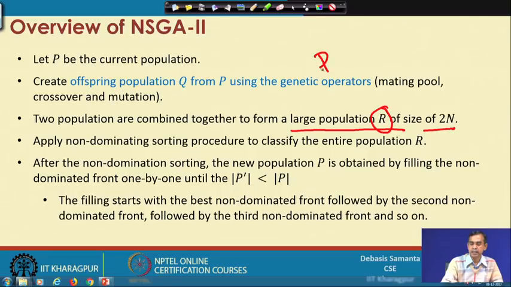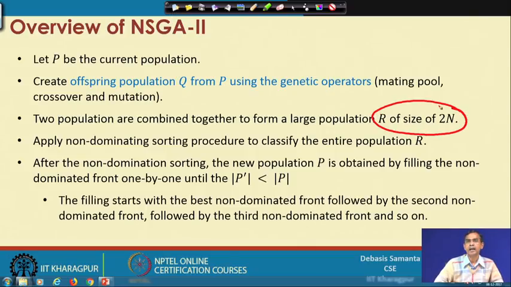So R is all the solutions in P and Q. As P is of size n and Q is of size n, the size of R is 2n. So we develop a large population set of size 2n, and on this solution set R we apply the non-dominated sorting procedure that we have discussed, so that all the fronts can be calculated.